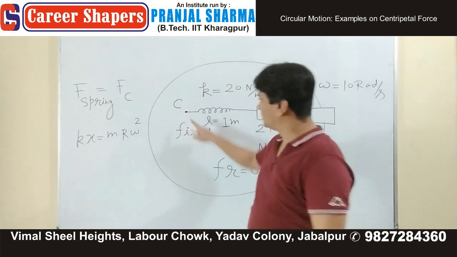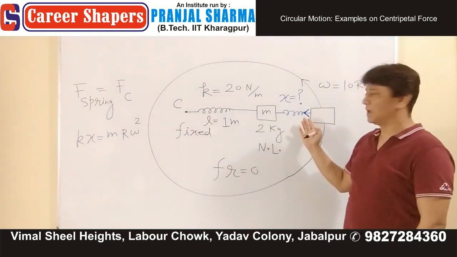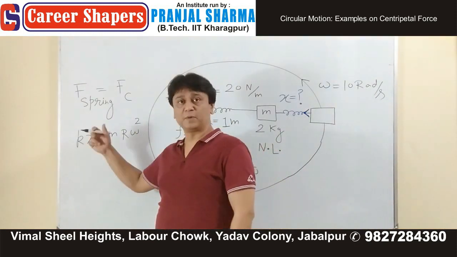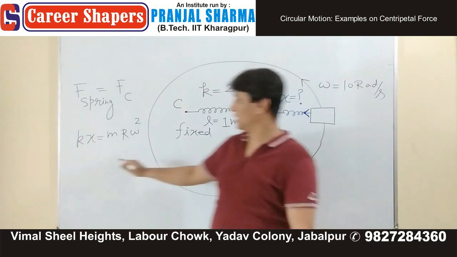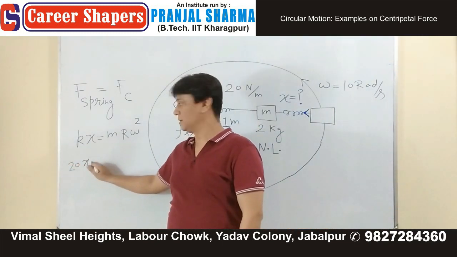R means this is the center. Original length is 1. It deforms by x. So what is the radius? Radius is 1 plus x. K is given as 20. X you need to find.